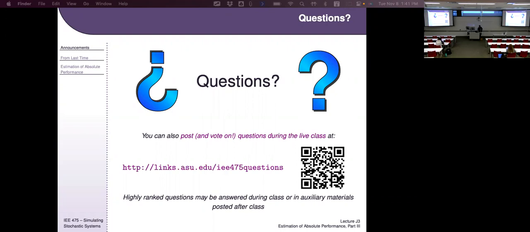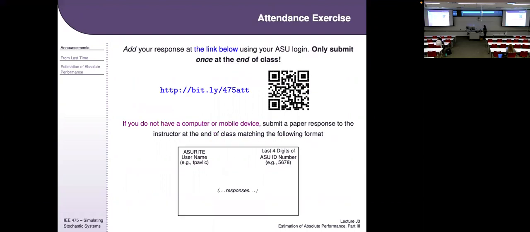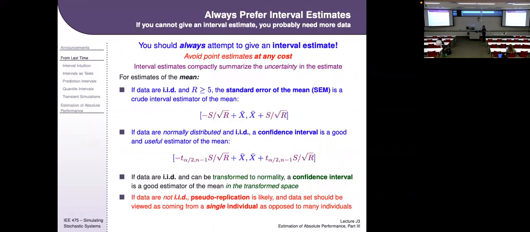Okay. All right, so then in that case, let's move on to a review of what we're talking about. We're now into interval estimate territory. Basically now, anytime you run a sim, I want you to resist the temptation of giving me just a mean for an output.